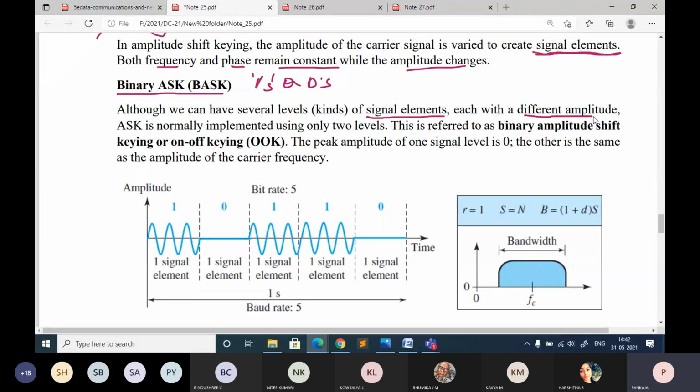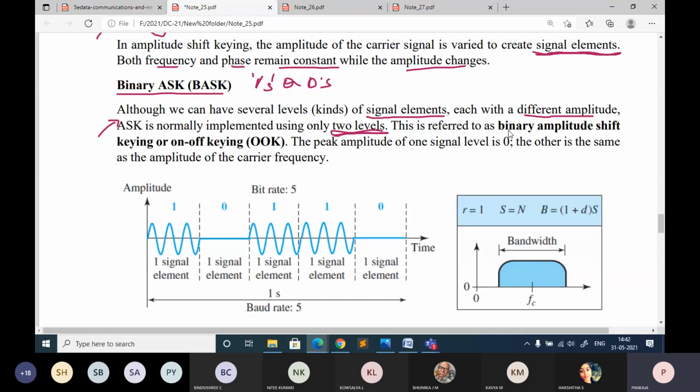It can be more than that also, but in the example I am going to consider, there will be 2 signal elements with different amplitudes. Amplitude shift keying is normally implemented using only 2 levels. Even though multiple levels are also available, you normally prefer ASK for only 2 levels.